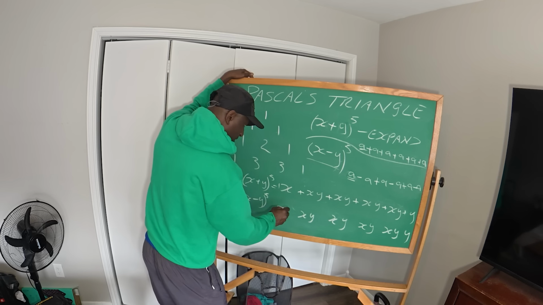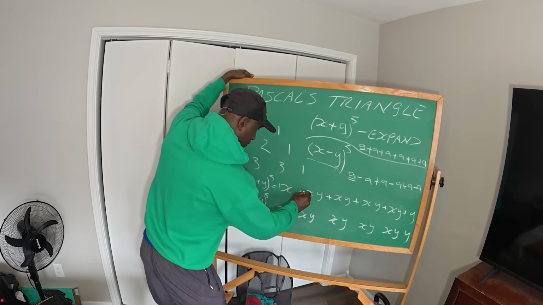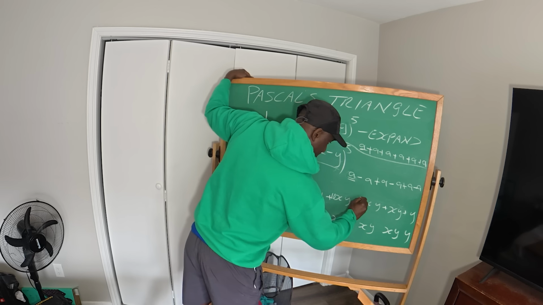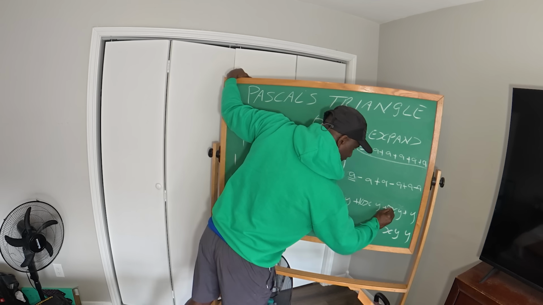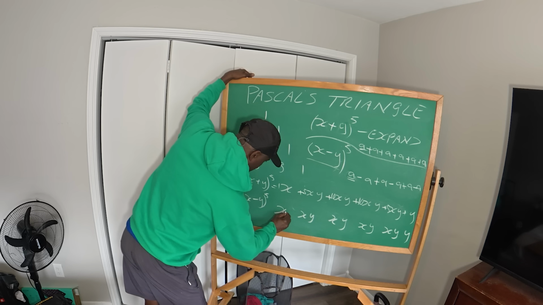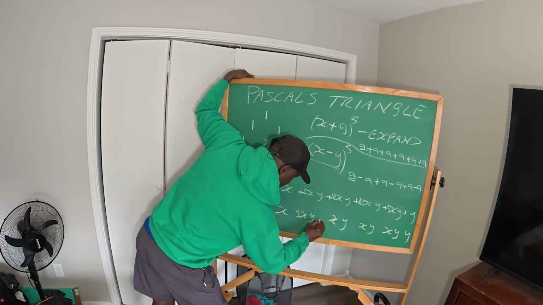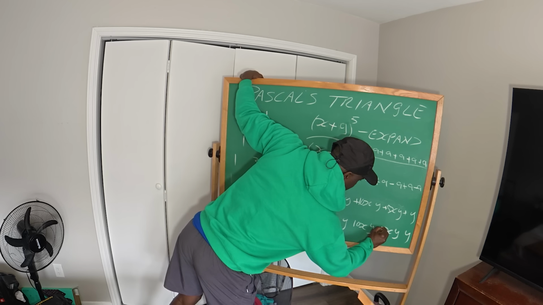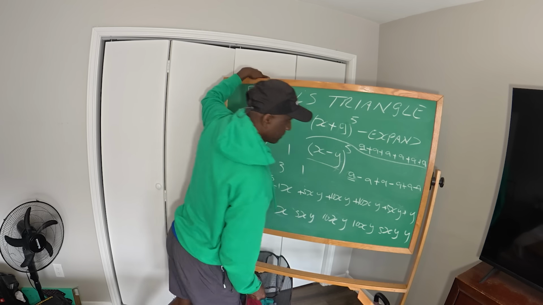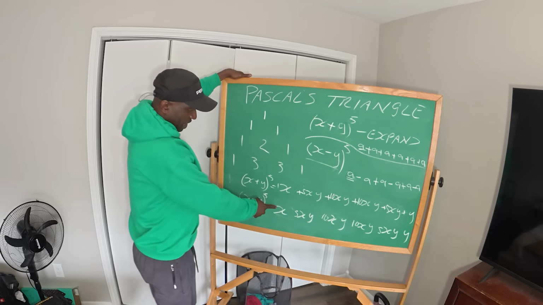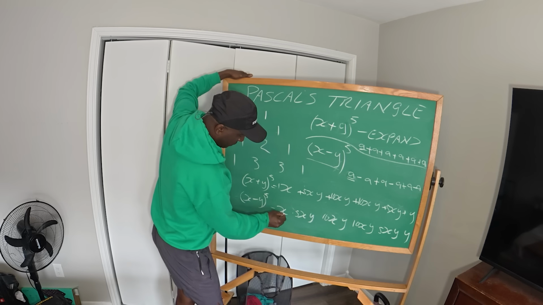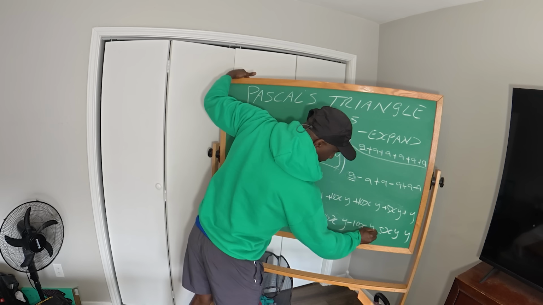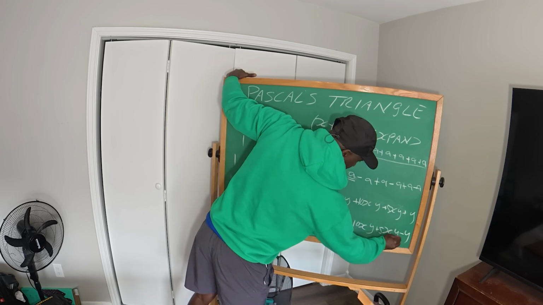We have 1, 5, 10, 10, 5, and 1. So let's put in our signs for the second one. This is positive, negative, positive, negative, positive, negative.